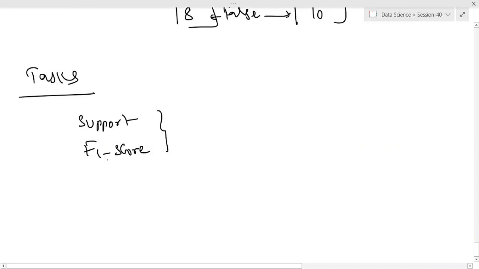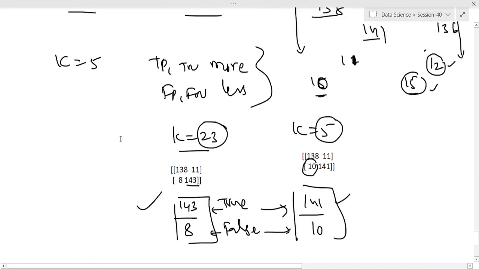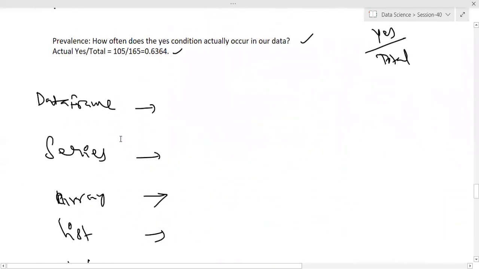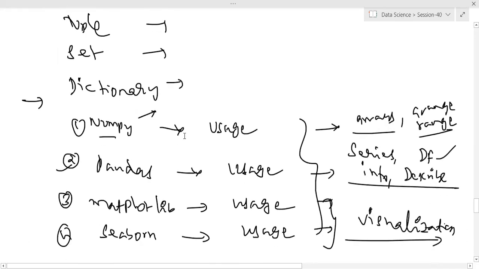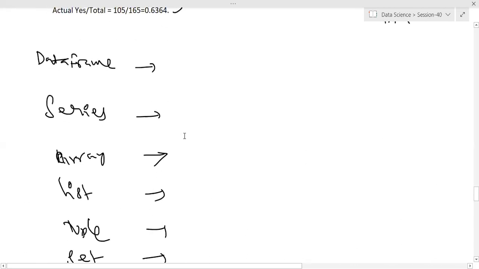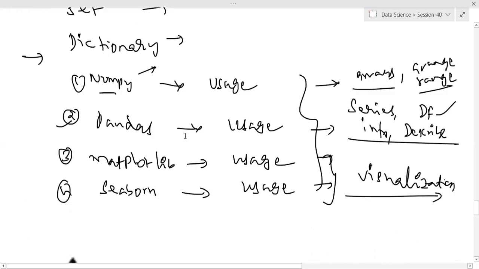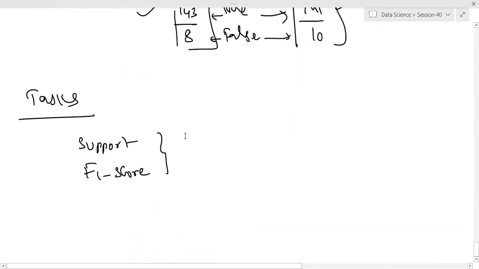First let us clear these points, because after 4 or 5 sessions we are not having any communication with these aspects, so a little bit of revision is required.